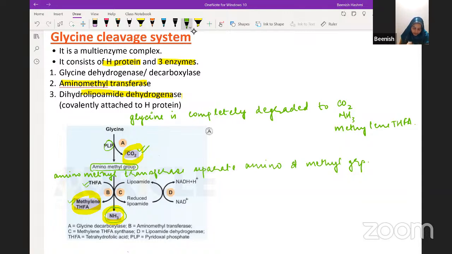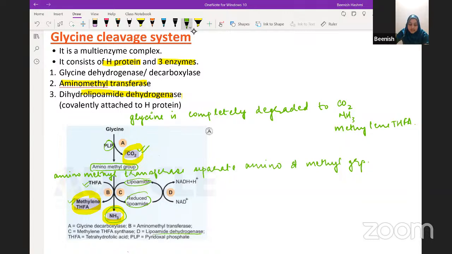And what is left now? Ammonia is formed. And for this reaction, what is needed? Lipoamide is needed, which is then changed into reduced lipoamide. And reduced lipoamide is regenerated back to lipoamide. For this, the enzyme is lipoamide dehydrogenase.